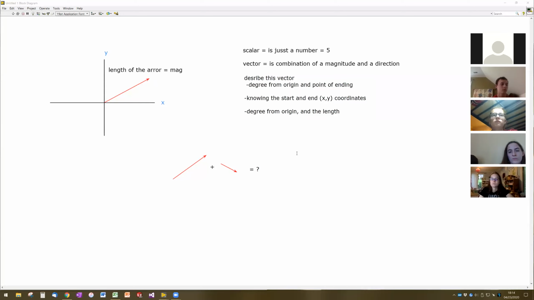Does anyone have any thoughts? If we were doing scalars, we'd have something like 5 plus 6 equals 11, right? This is scalars. Any thoughts on what it would look like physically to add two vectors together?